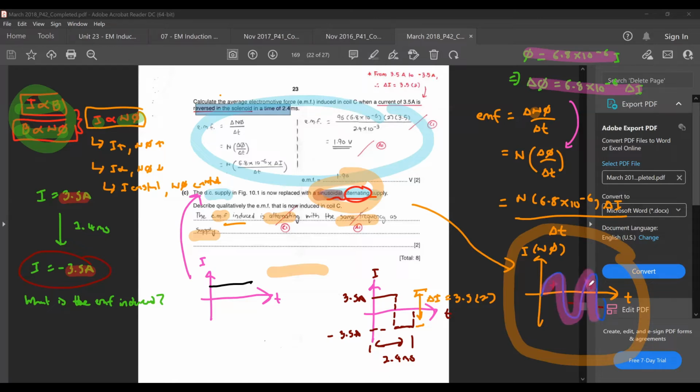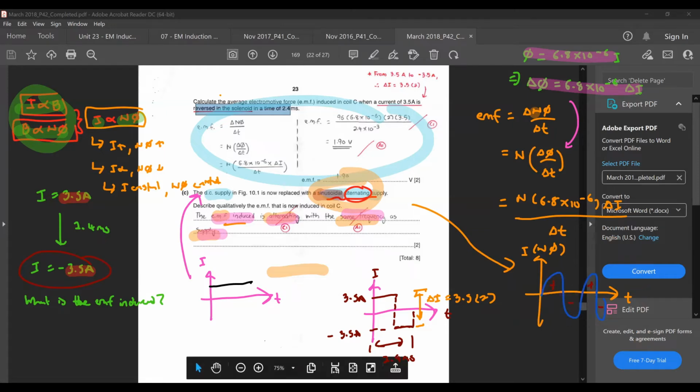So we'll just say that the EMF induced is alternating also, but with the same frequency as the supply. So this one just take it as it is first. When we go to AC circuits, we'll have a better understanding of what this means. For now, it's alright to understand the concepts. Okay, so that one is okay.